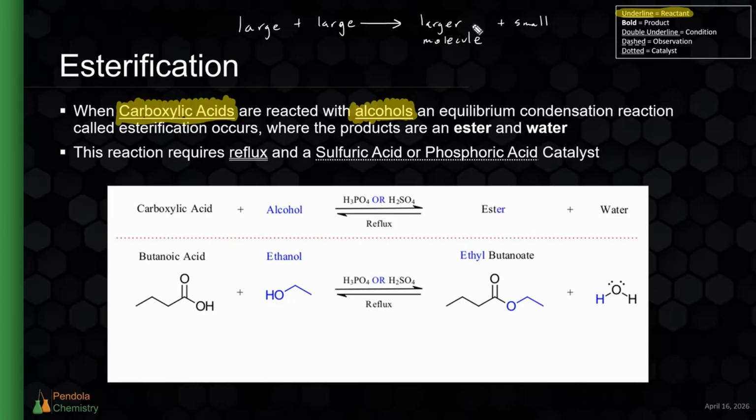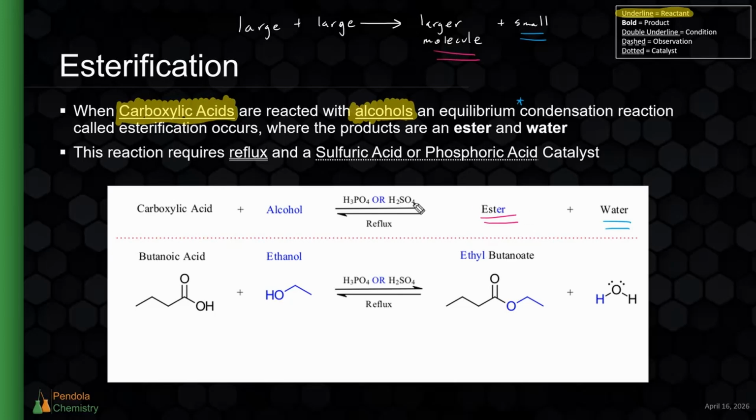So in this particular case, the carboxylic acid and the alcohol are going to react with each other. That's our large molecules. And they're going to create an ester, that's our larger molecule, and a water molecule, which is our small molecule. So essentially, the carboxylic acid and the alcohol get bonded together into an ester through the removal of water. That's why we call it a condensation reaction.